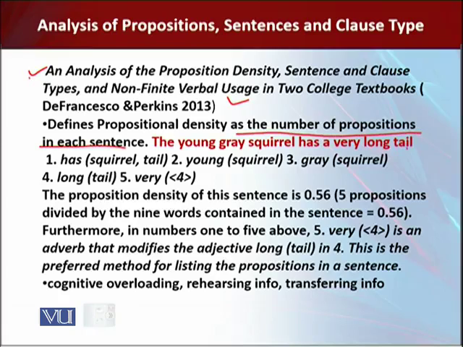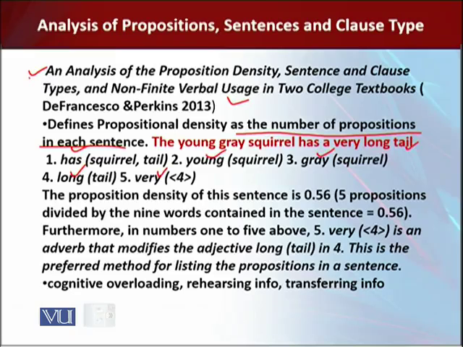Now look at this example. The young gray squirrel has a very long tail. So look at the propositions that are being used. You have has, squirrel, tail, young, squirrel, gray, squirrel, long, tail, very.